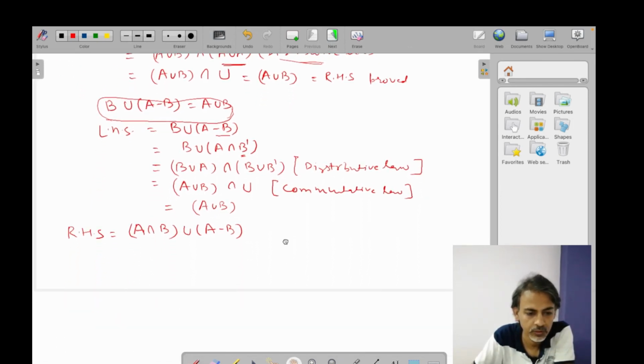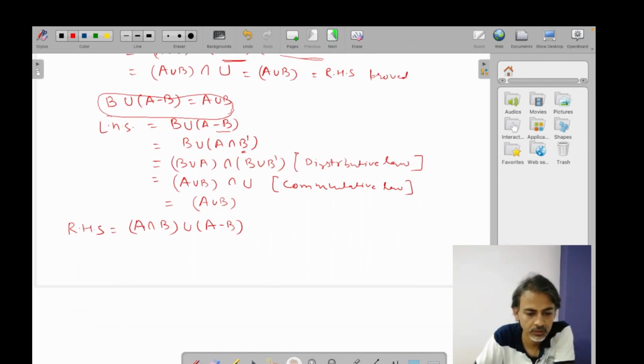Let's move a little further. So what this will become is, we'll write again A minus B union A intersection B. Again, using our commutative law, we can write that.